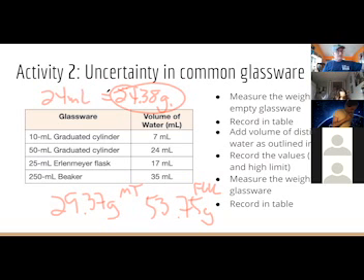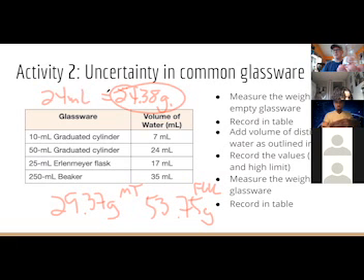So the next one we're going to use is the flask. Now this one is going to be really tricky because like I said, when you look at it, there's only 2 measurements on it, 12.5 and 25. How are we going to determine what's 17? 17 should be somewhere in between those 2, but how close?